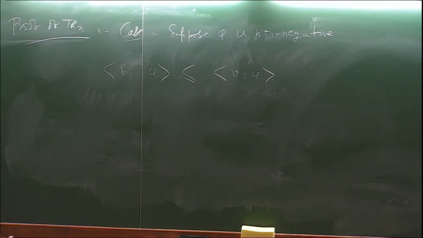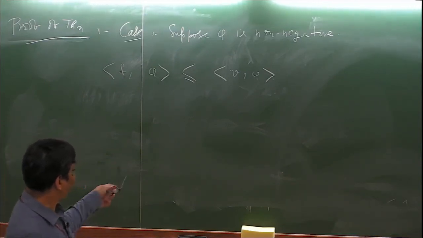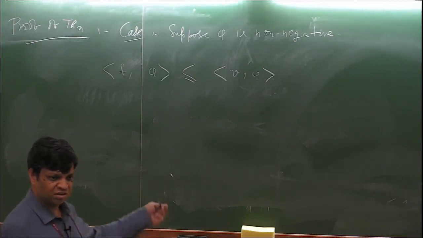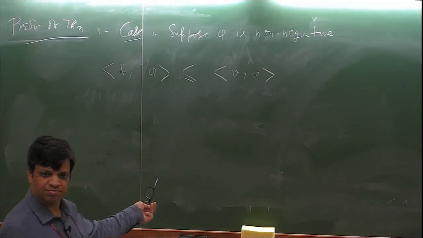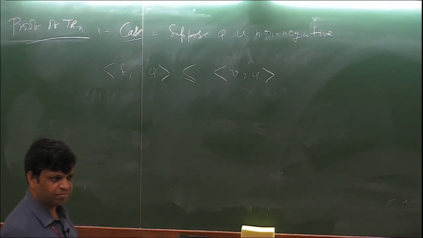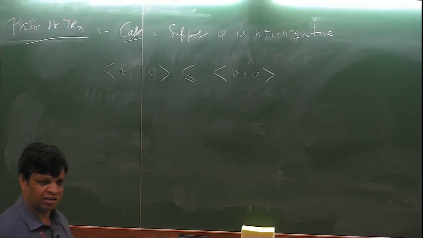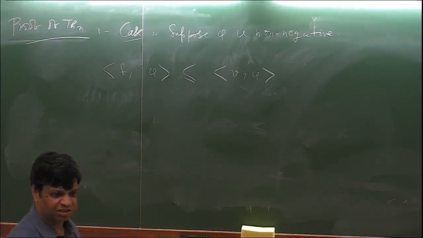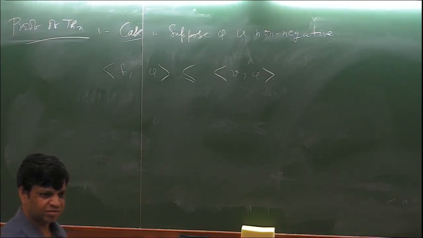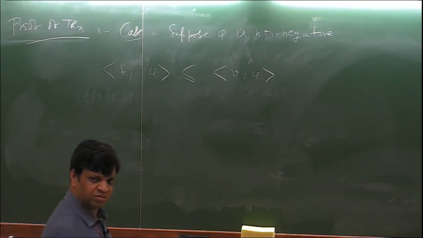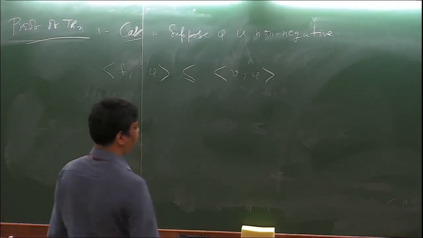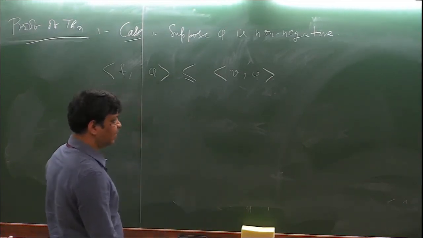Because F is dominated by nu, therefore F phi is less than or equal to nu phi, so this inequality is true. If phi takes positive as well as negative values, I cannot write this down.